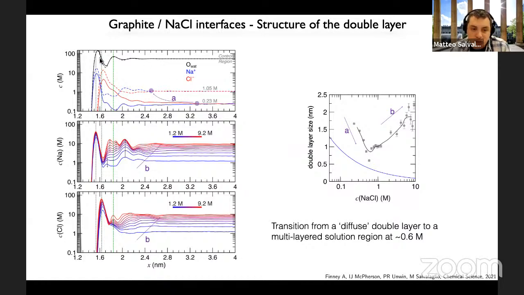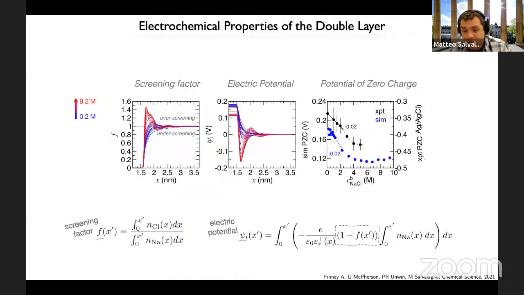Instead, we observe that due to different processes, such as, for example, the formation of local structures in the concentration profiles, we have a non-monotonic behavior of the double layer thickness for this type of processes. And this type of observation has also been backed up by experiments.